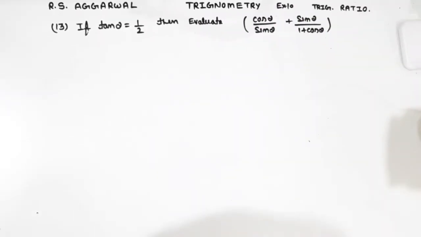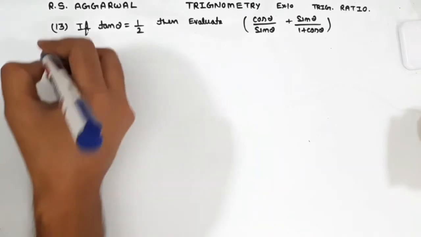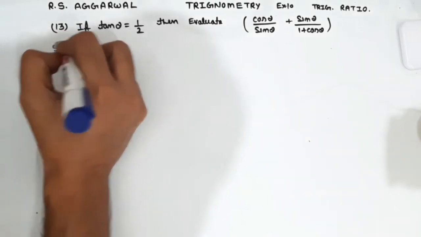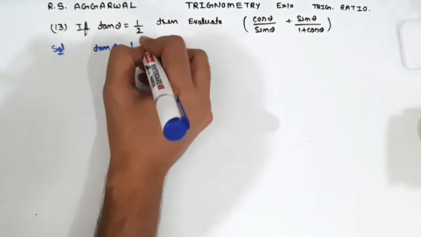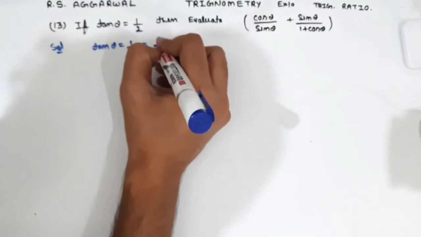R. S. Agrawal, Chapter Trigonometry, Exercise 10, Trigonometric Ratio. Question number 13. If tan theta equals 1 upon 2, then evaluate cos theta upon sin theta plus sin theta upon 1 plus cos theta. So in this problem, we have given tan theta equals 1 upon 2, and we know that tan theta is given by perpendicular upon base.